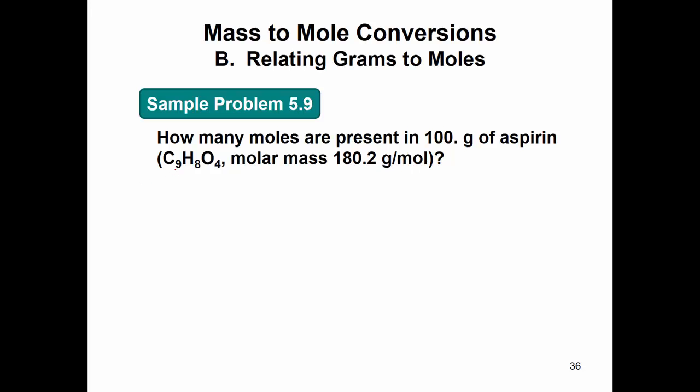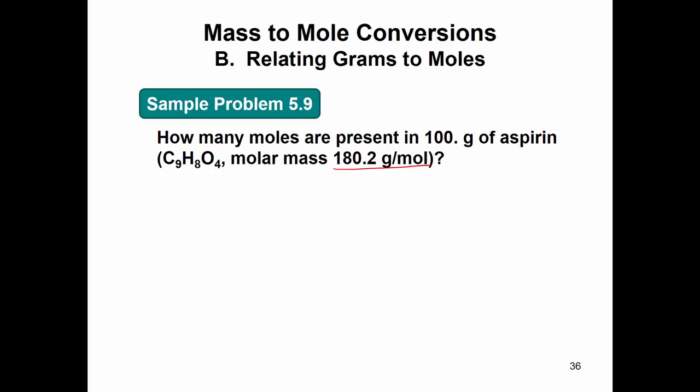So you take 9 carbons times its atomic weight, which is 12.01, 8 hydrogens times its atomic weight, 1.01, and 4 oxygens times 16, the atomic weight of oxygen, and you should get 180.2 grams per mole. Molar mass means our unit is grams per mole.